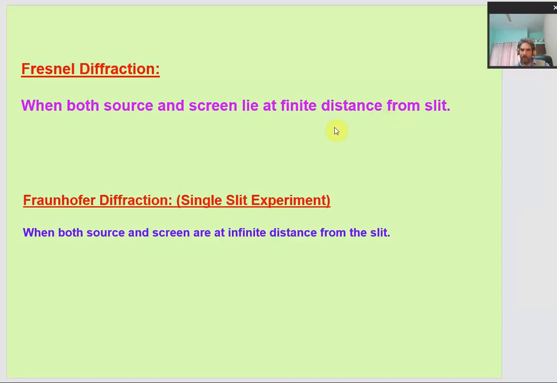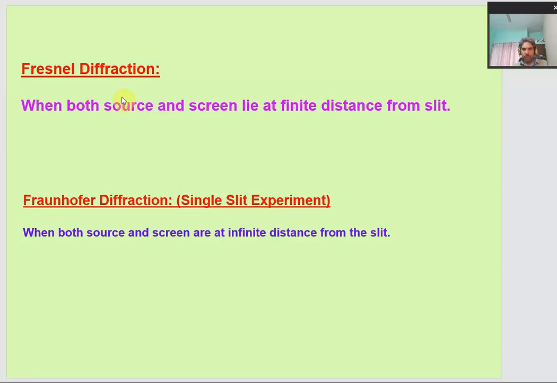Here we will make use of a fine opening called a slit, as we have taken in the case of interference of light waves. So in Fresnel diffraction, the source as well as the screen both lie at a finite distance from the slit, or from that opening from which the light coming is creating a diffraction pattern, right?